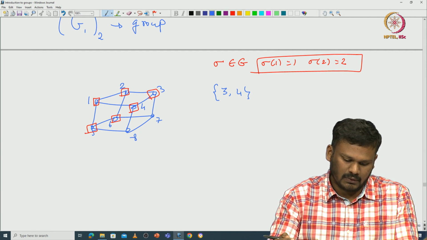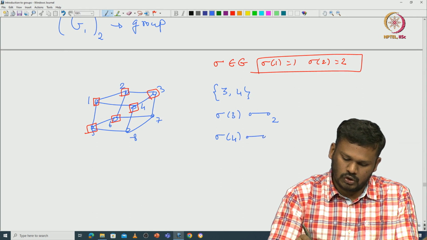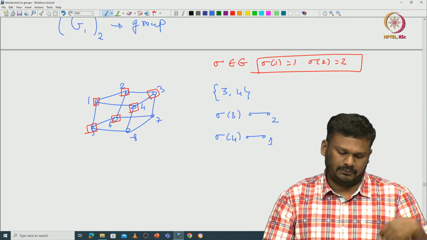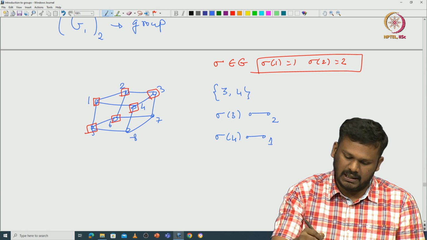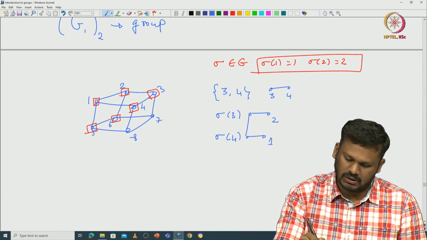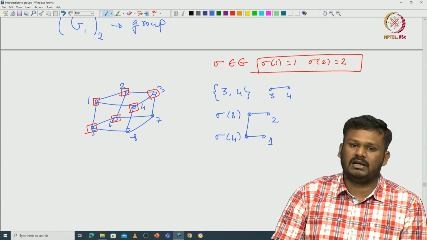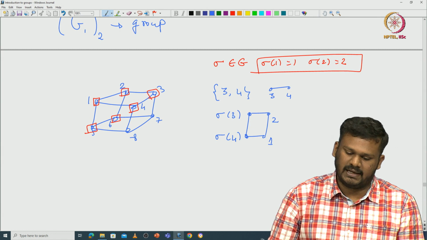So, you can see that sigma of 3 should be connected with 2, sigma of 4 should be connected with 1. But 3 4 already has an edge. So, that means you should have an edge between sigma of 3 and sigma of 4.